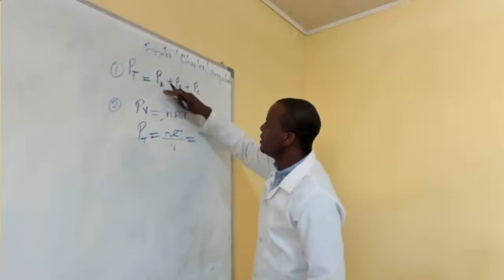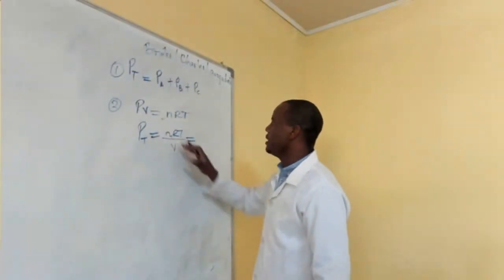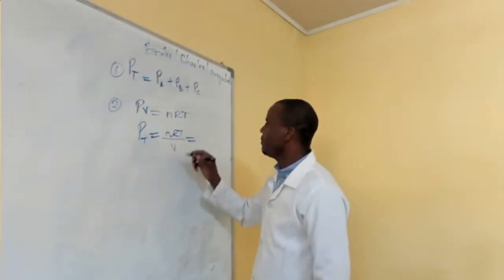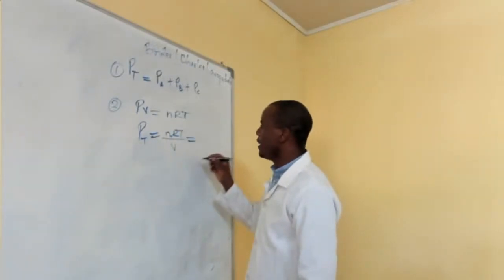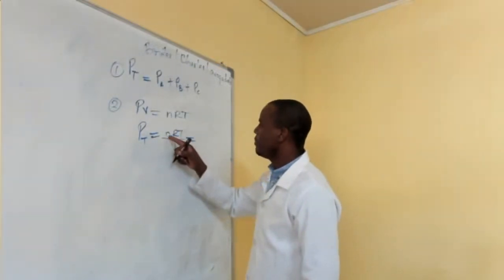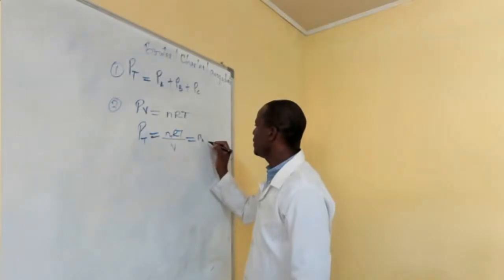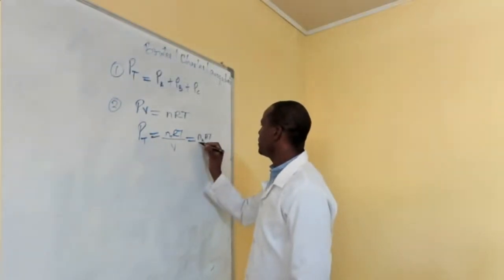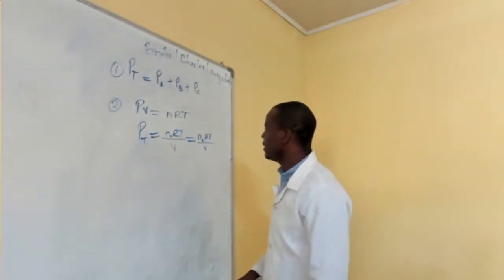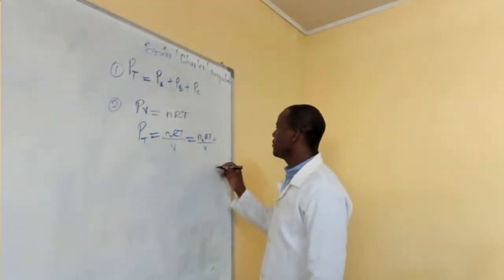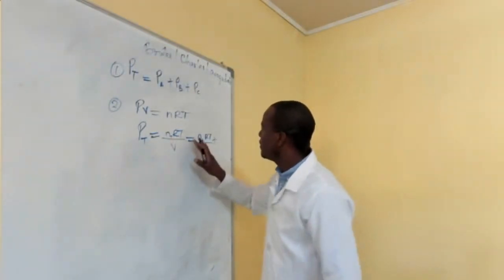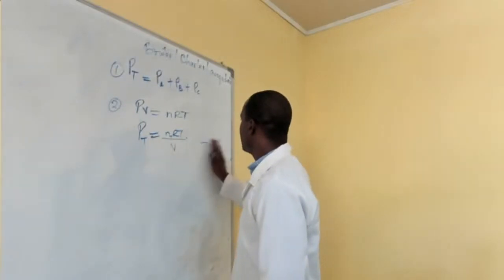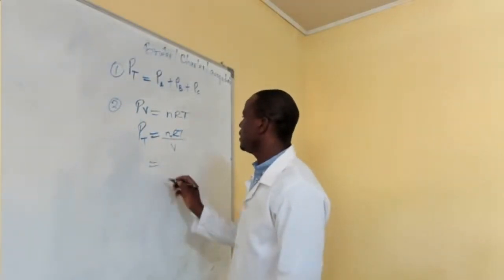Now, each one of these is equal to that, meaning that we can say the partial pressure of A will be equal to the number of moles of A multiplied by RT divided by V. Let me just write this side so that you can see it.